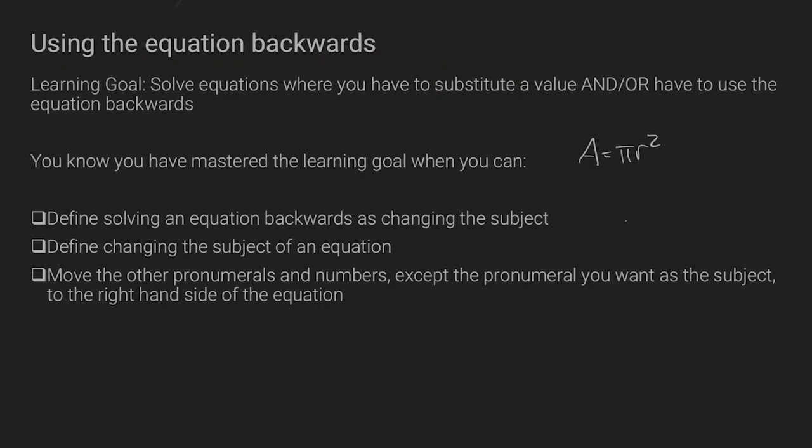However, today, I'm going to be giving you the value of a and asking you to tell me the value of r. So we're still going to substitute into equations, but we're also going to have to use our skills from our previous lesson to solve for a different pronumeral.